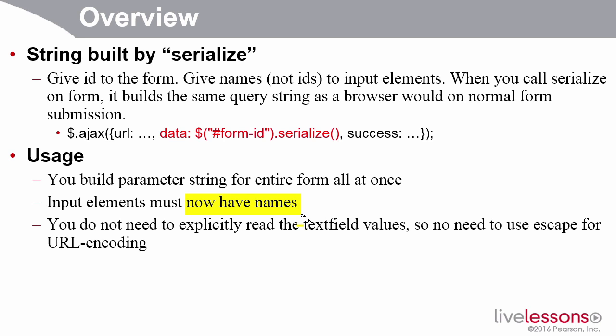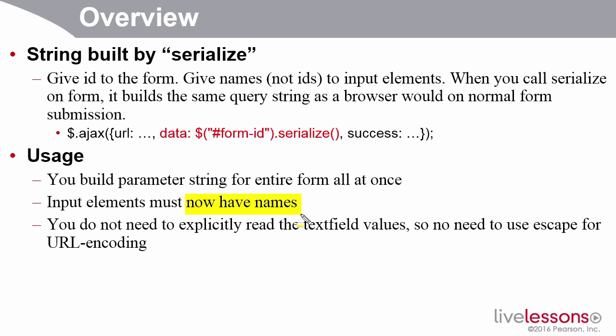And so some people object to it a little bit and say, well, this is contrary to the kind of separation philosophy of jQuery, that the JavaScript and the HTML are relatively independent of each other, because the JavaScript programmer can't determine what the parameter names are without looking at the HTML. And the HTML programmer can't change the names of the input elements without messing up the JavaScript code.